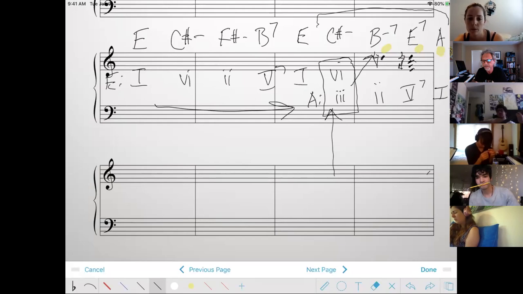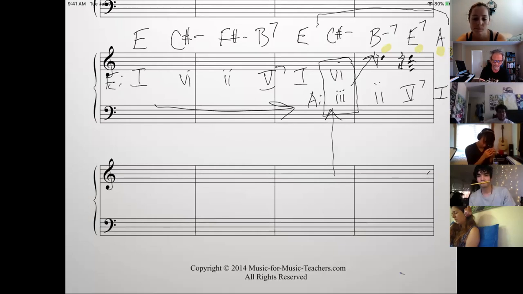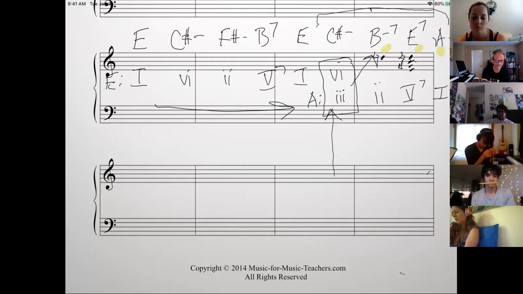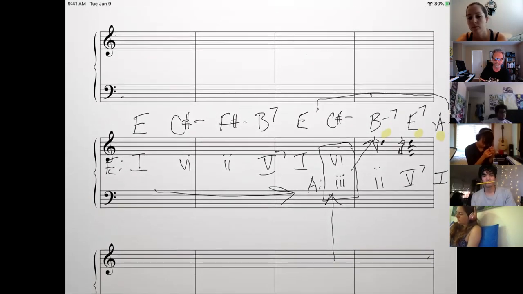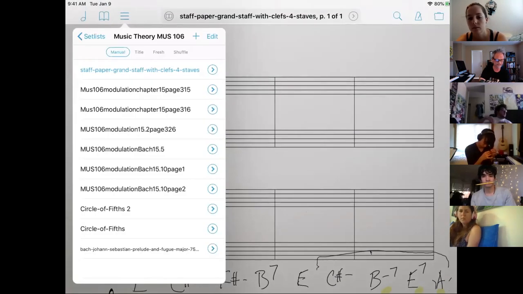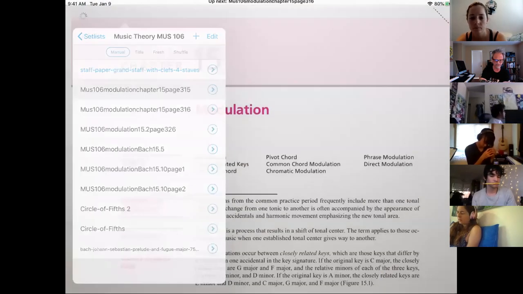But I think for today, let's just make sure, because we've learned 3 things, possibly even 4, from the first page. Here we go, I think it's this one.